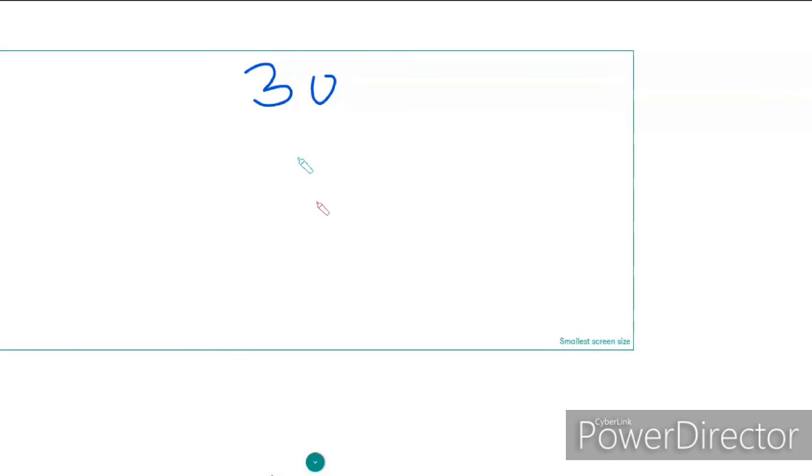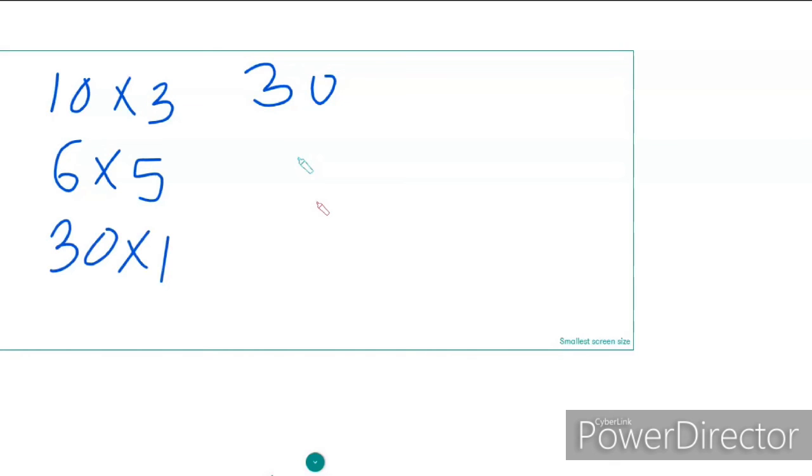We can use 10 and 3. We can use 6 and 5. We can also use 30 and 1. Whichever one you use, you will still get the desired result. But it's better to use 10 and 3 or 6 and 5, because we already have 30 here, so it's needless using 30 and 1.